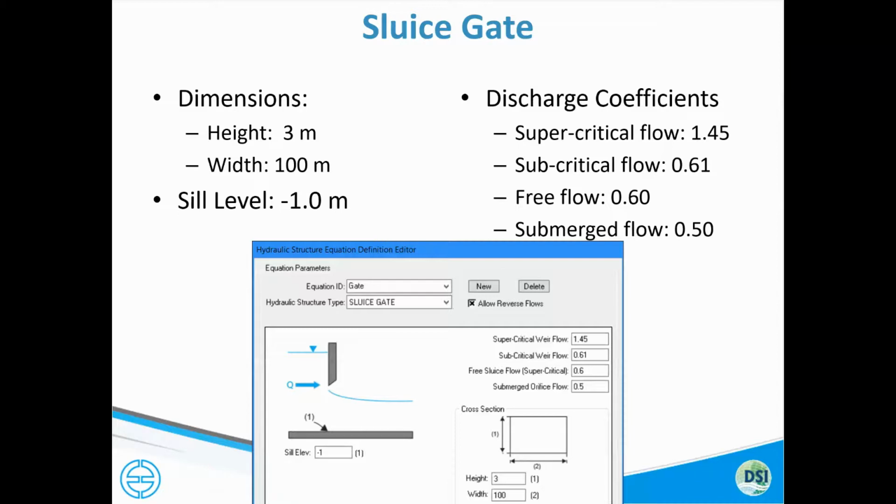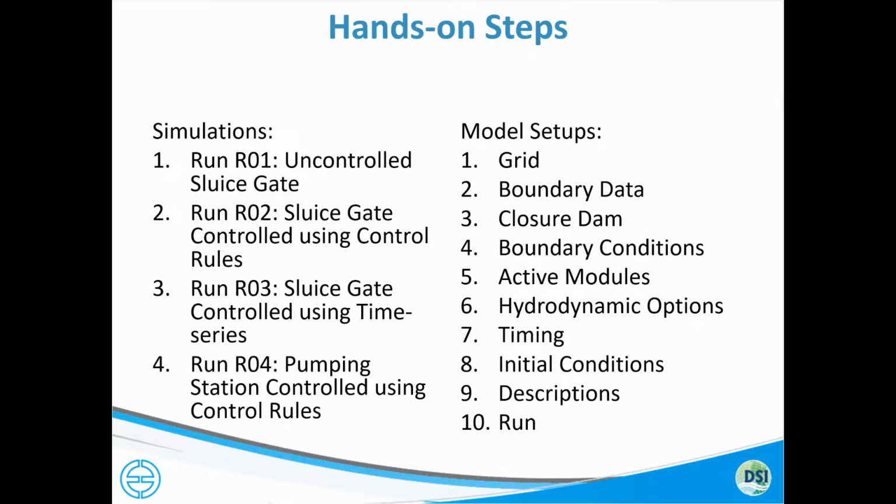In this case, we do, so flow can move both upstream and downstream. Then you define all your parameters here: sill elevation, opening heights, widths, etc., and your hydraulic coefficients, as shown here. Once you've configured your boundary condition, we can then apply it.